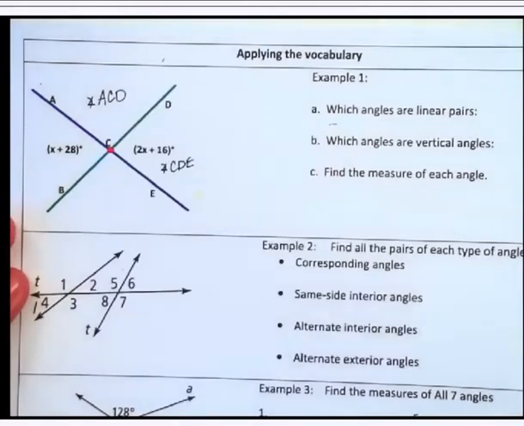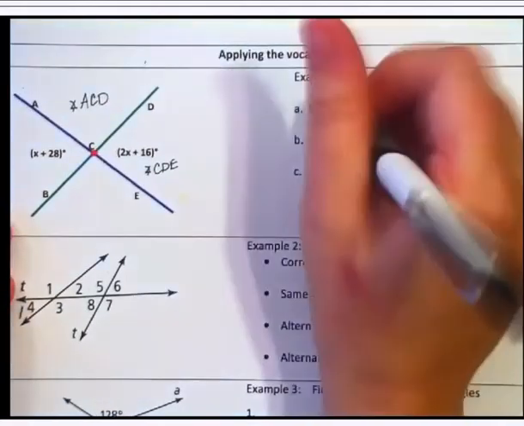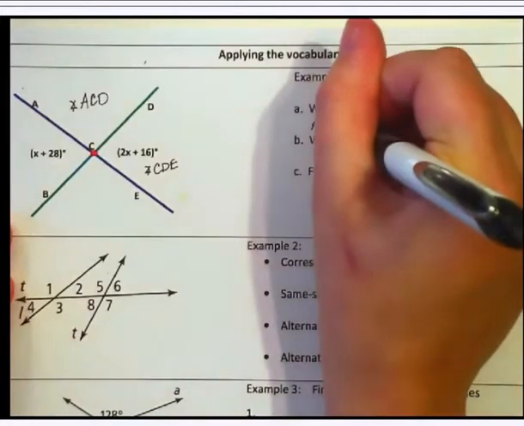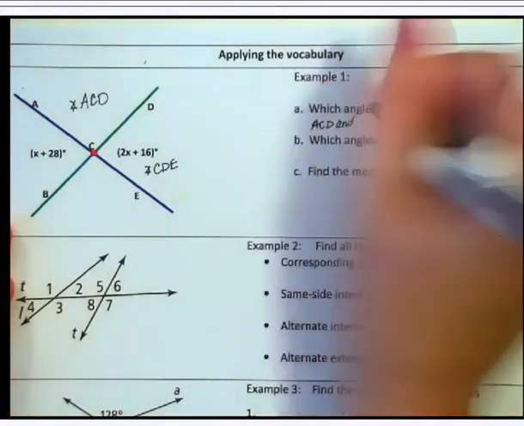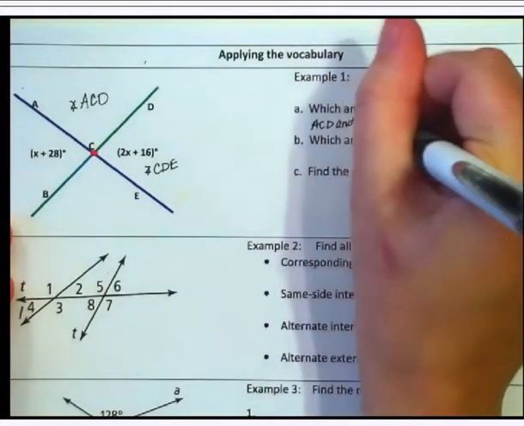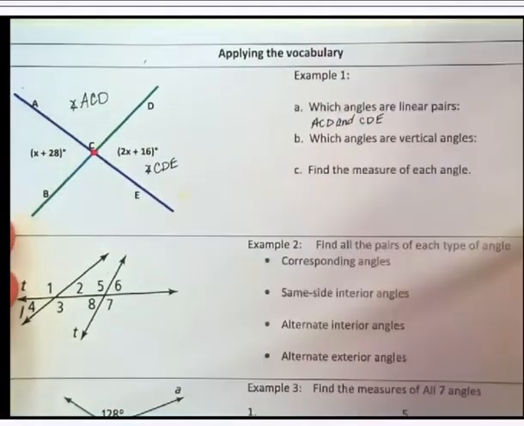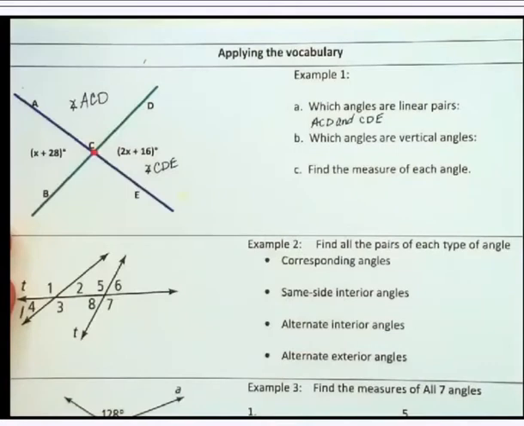And these are linear pairs. So ACD and CDE. Okay. Bring my mouse back over.